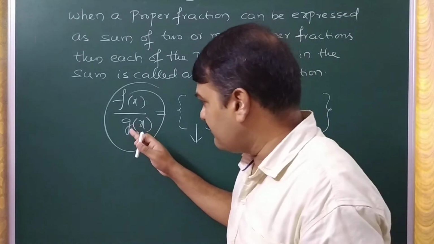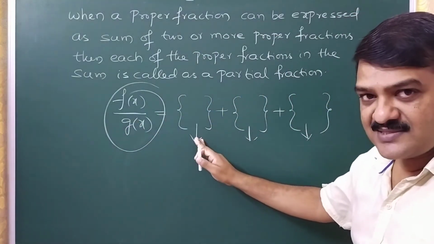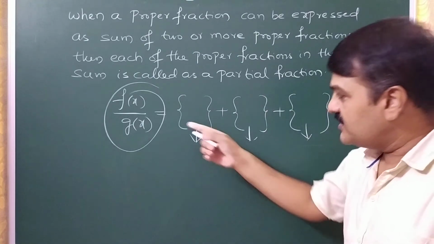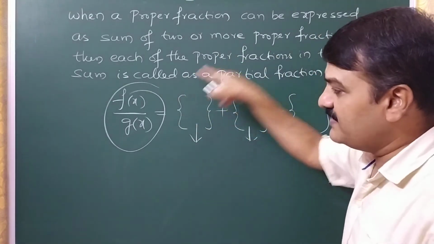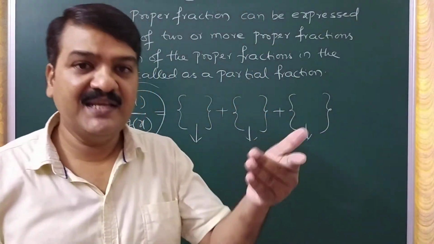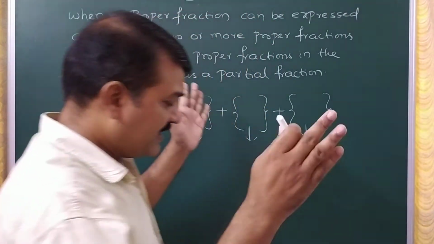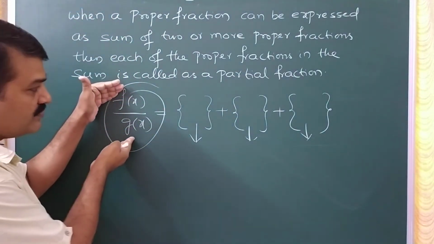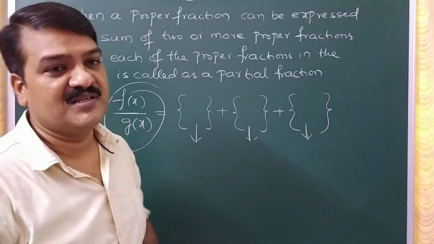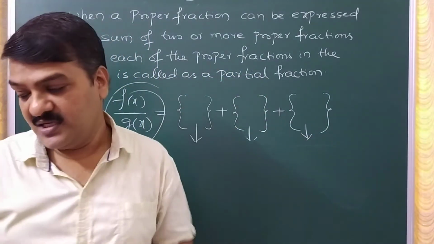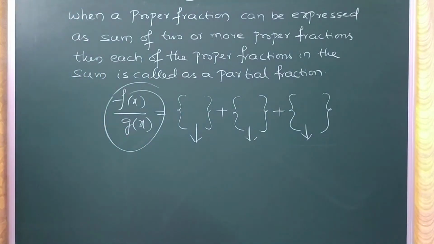Now, expressing f of x by g of x as a sum of two or more proper fractions, this process of expressing will be called resolving into partial fractions or splitting into partial fractions. So the entire chapter depends on how you are going to split this into two or more proper fractions. The complete chapter will depend on this process. Okay, so this is the basic definition of a partial fraction.